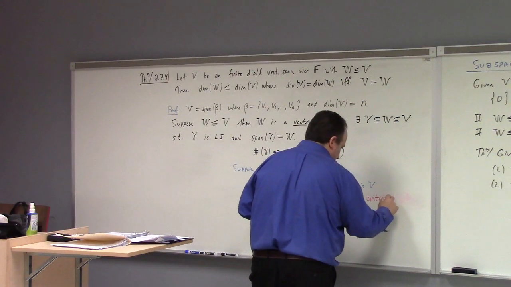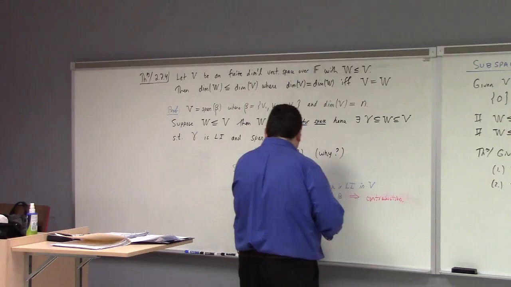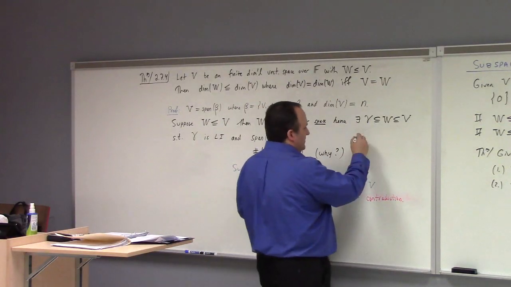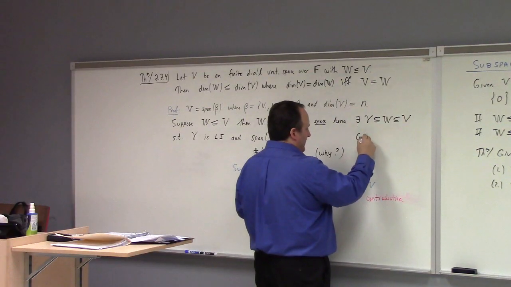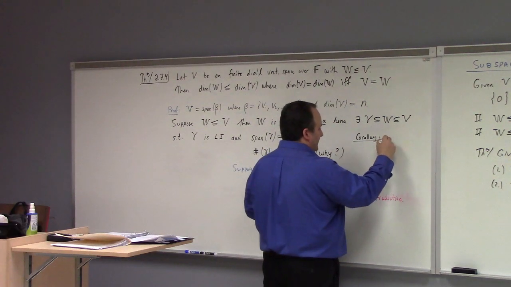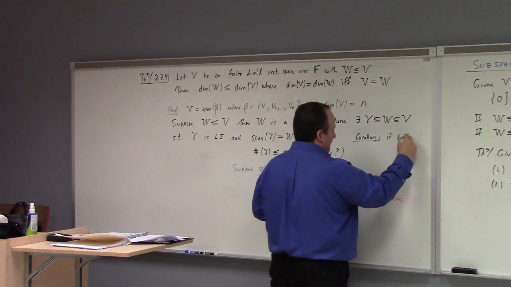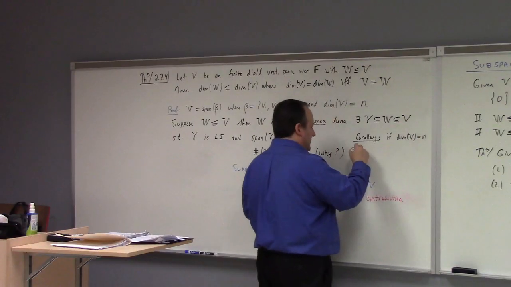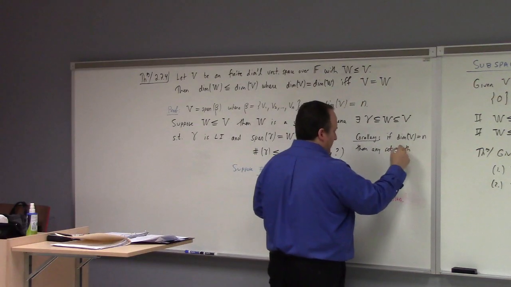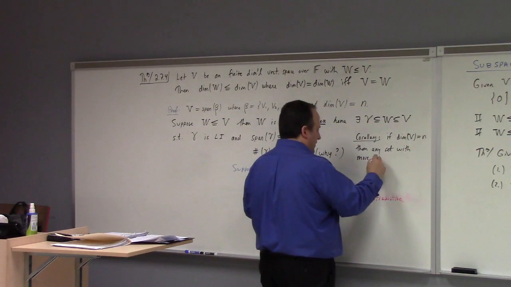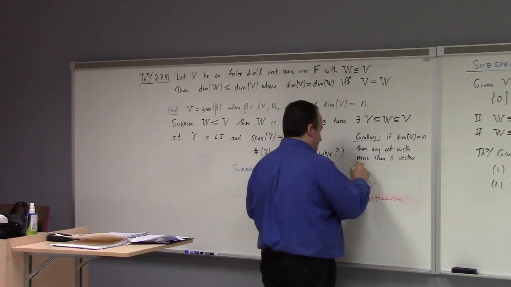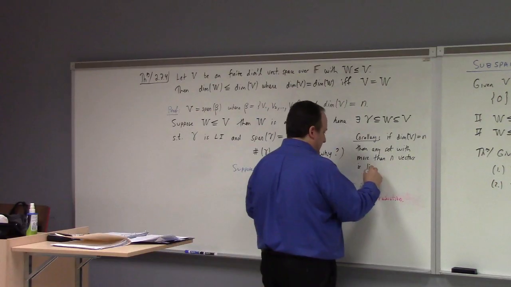All right, so let's just take as a corollary to yesterday, as something for our future use, just so you guys have something concrete to hang your hat on: if the dimension of V is equal to n, then any set with more than n vectors is linearly dependent.